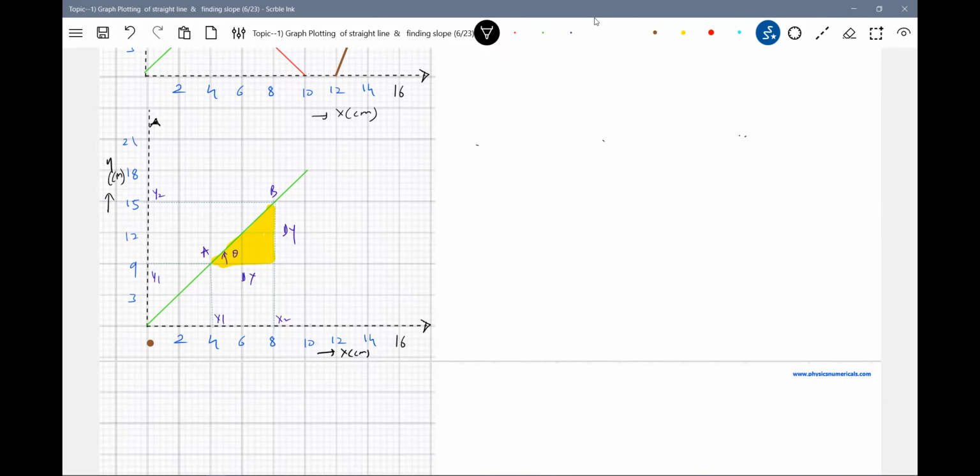So slope is equal to, we are starting the problem from here for A. So what is the value of slope? Slope should be equal to y2 minus y1 by x2 minus x1. I'll go by definition: tan theta equals delta y by delta x, which equals y2 minus y1 over x2 minus x1. What is the value of y2? Y2 is 15. Y1 is 9.